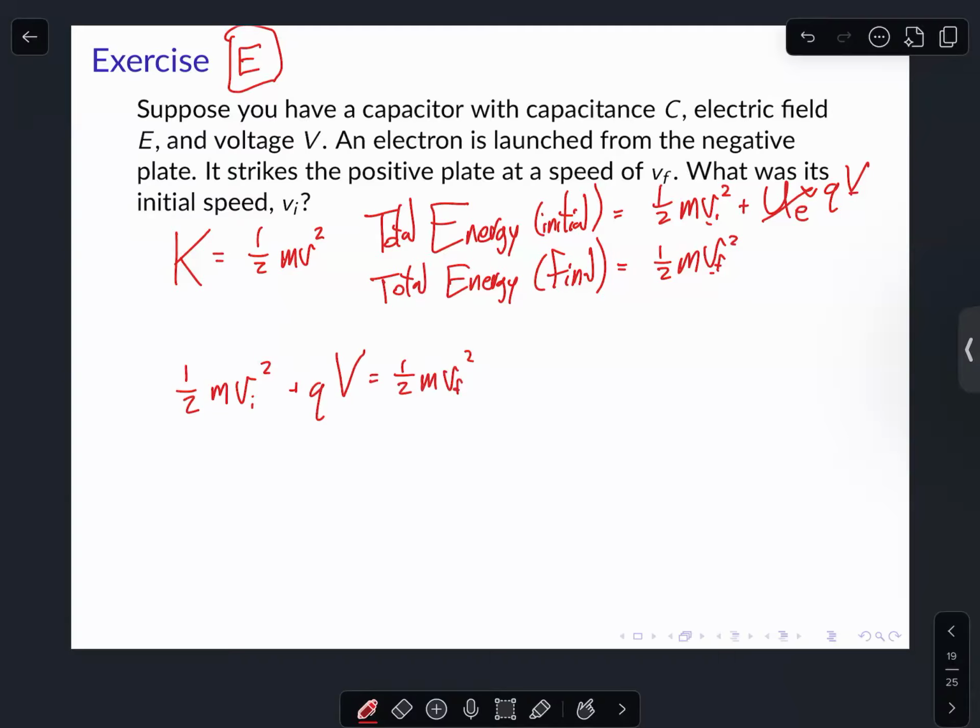Solve for V initial. Yes is not what I'm looking for. Solve it. Practice your algebra skills.